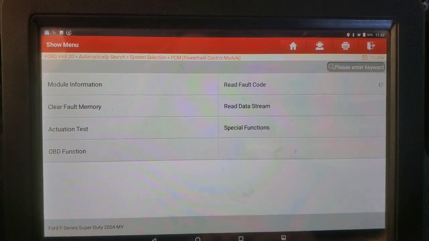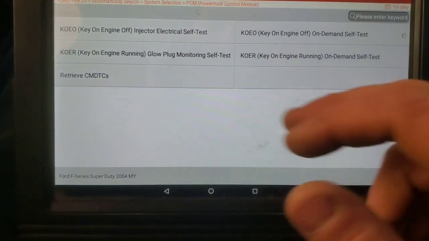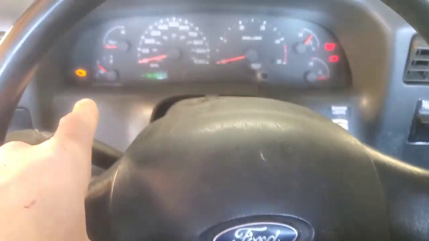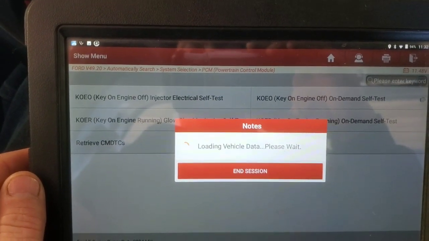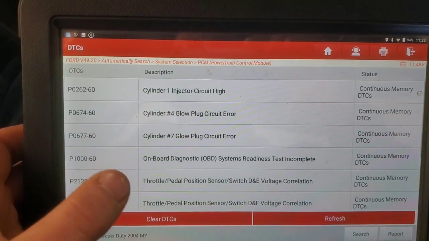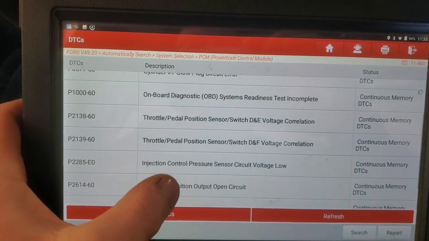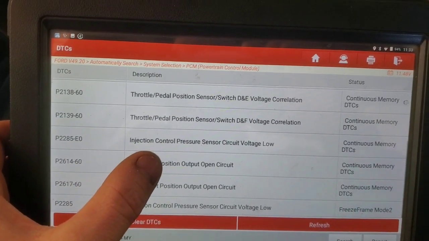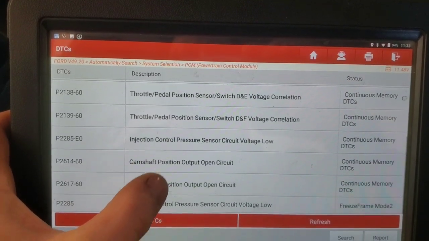All right, we're in the powertrain control module. So the first thing we're gonna do is just look up and see what codes this thing has generated that would turn on the check engine light. We do have this 2285, injection control pressure sensor circuit voltage low.